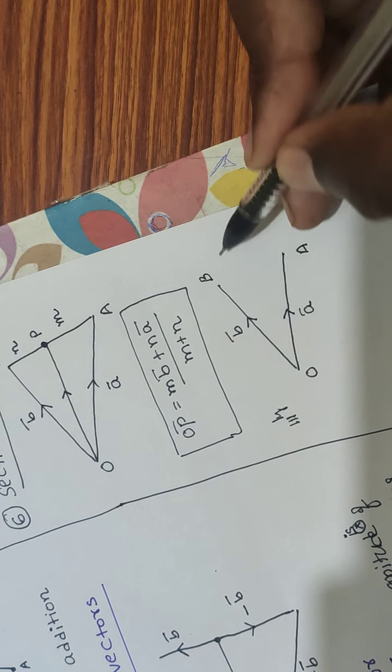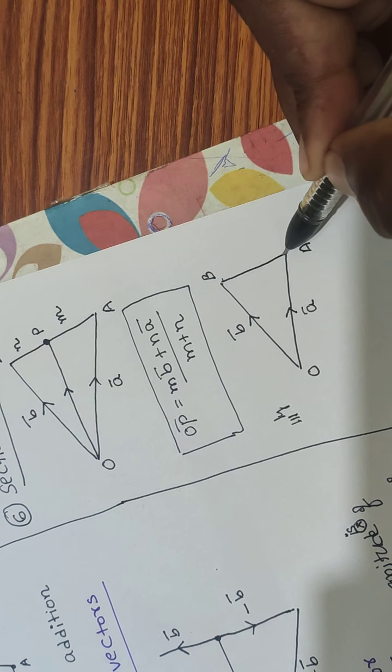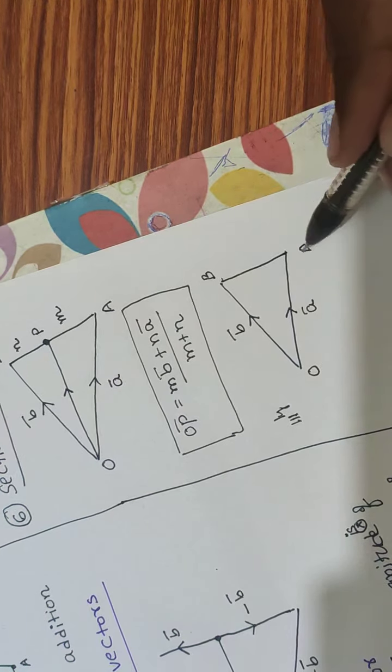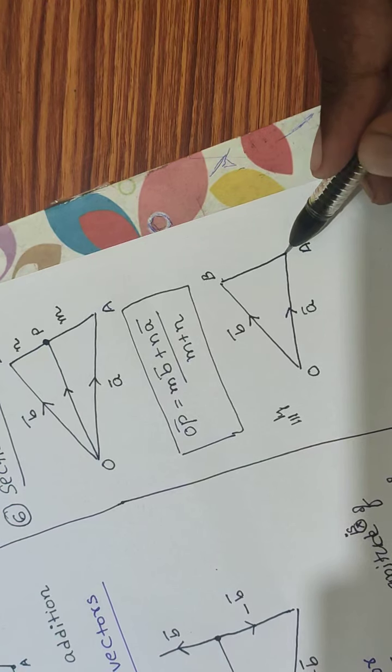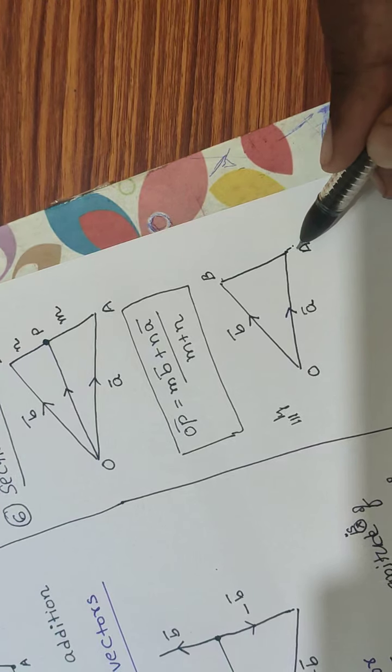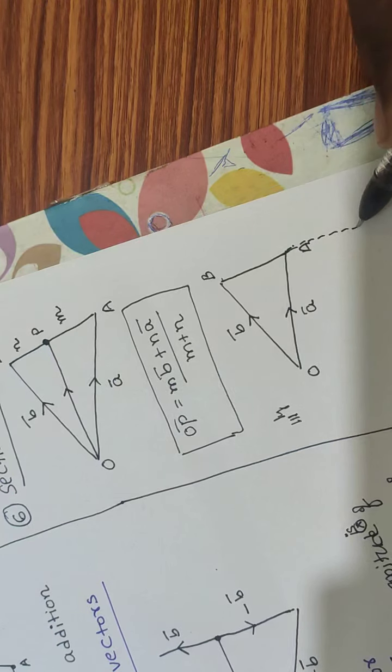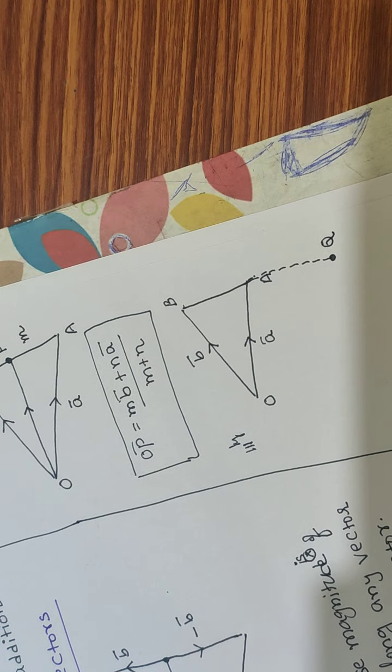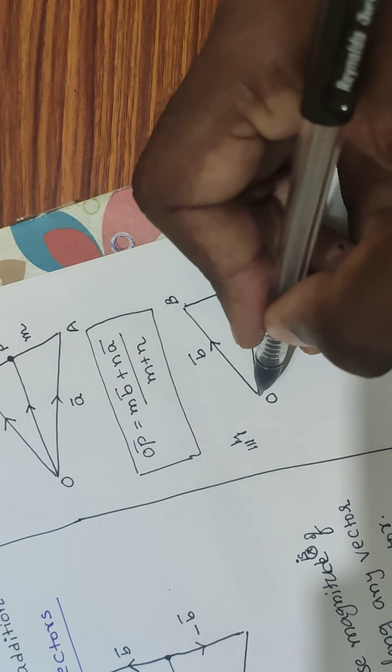This is called the position vector and this is AB. Now the point Q is not inside of AB, but outside of AB.